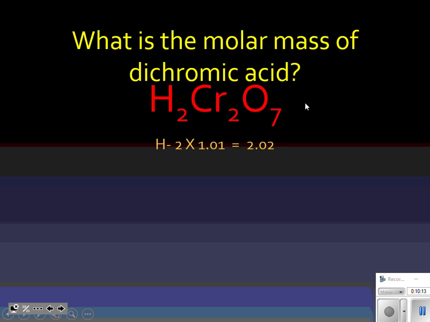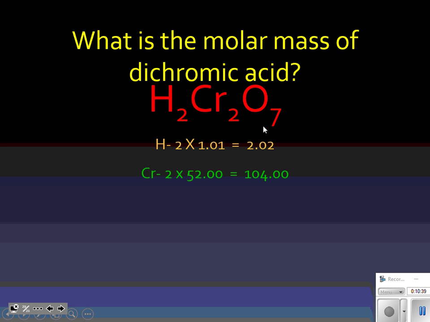Chromium, element number 24 on my periodic table, 51.9961. If I'm rounding that to two places, it's going to be 52.00. How many chromiums do I have? Oops, there's 2 of those babies. So my mass due to the chromium is 104.